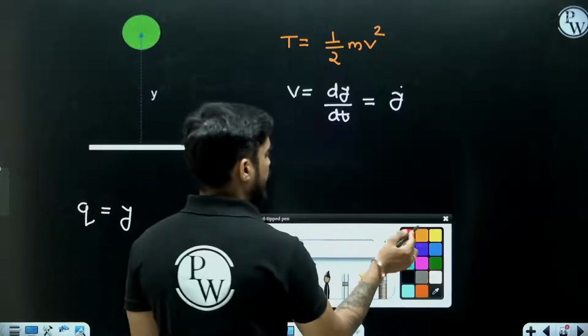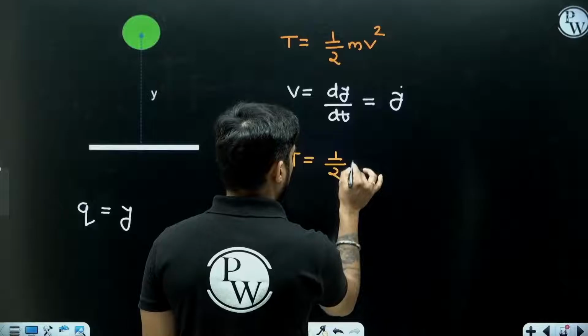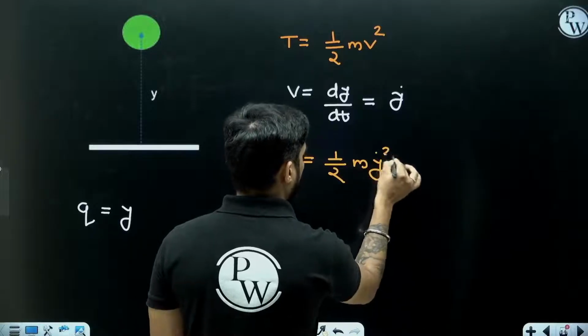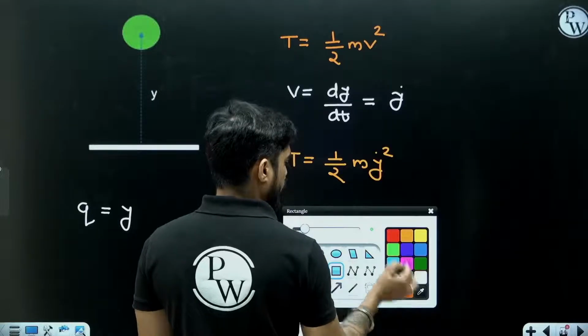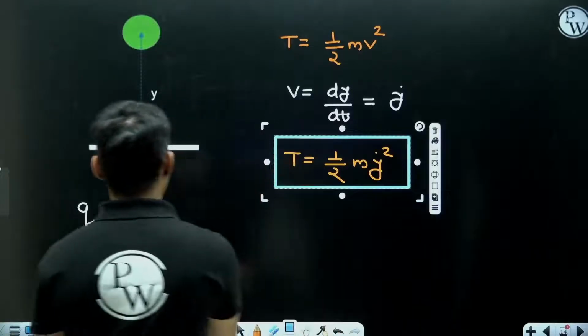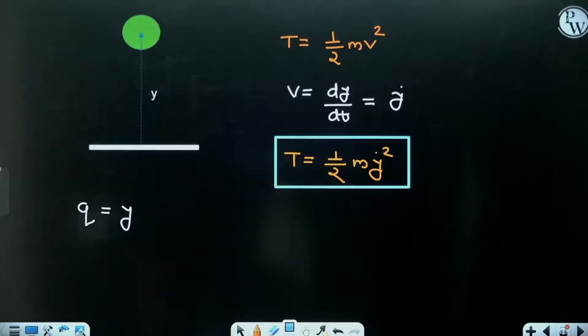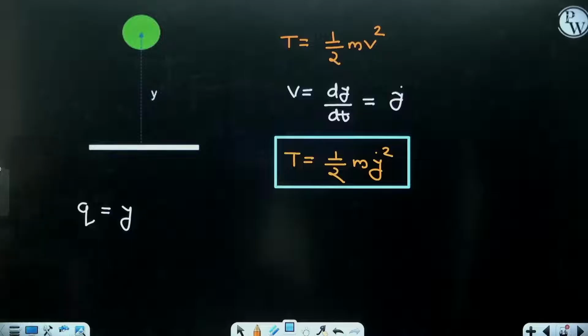So I can write the kinetic energy equal to half m y dot square. You have to write everything in terms of y, the generalized coordinate. So kinetic energy in terms of y will be half m y dot square.